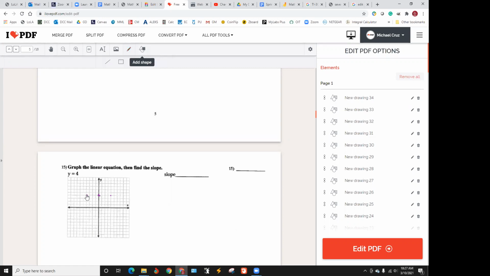Any point on there is going to be y equal to 4. So for example, on this one right here is 0, 4. Oops, I'm sorry. Yeah, 0, 4, because there's no movement on the x.